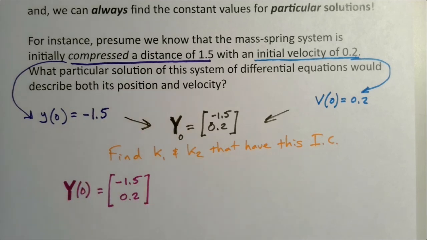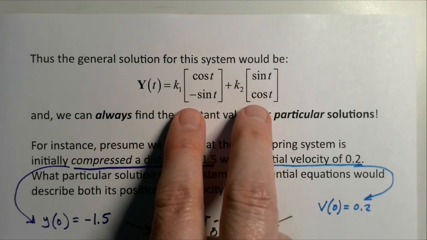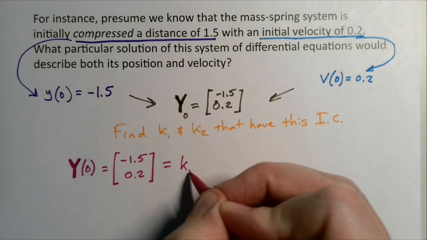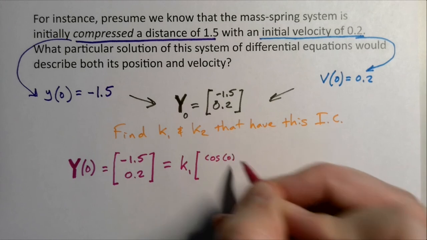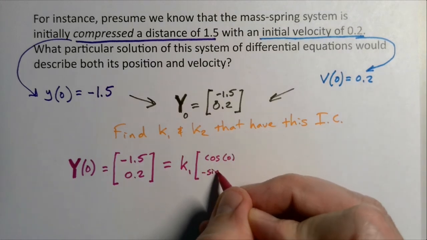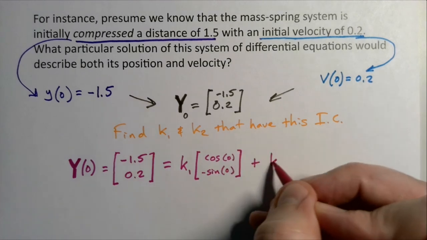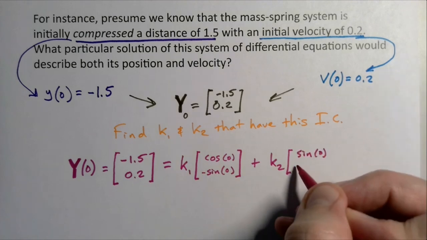But that also has to be equal to the right-hand side up here. So that's got to be equal to K1 times cosine of 0 when t equals 0, and negative sine of 0, that first matrix, plus K2 times sine of 0 and cosine of 0.